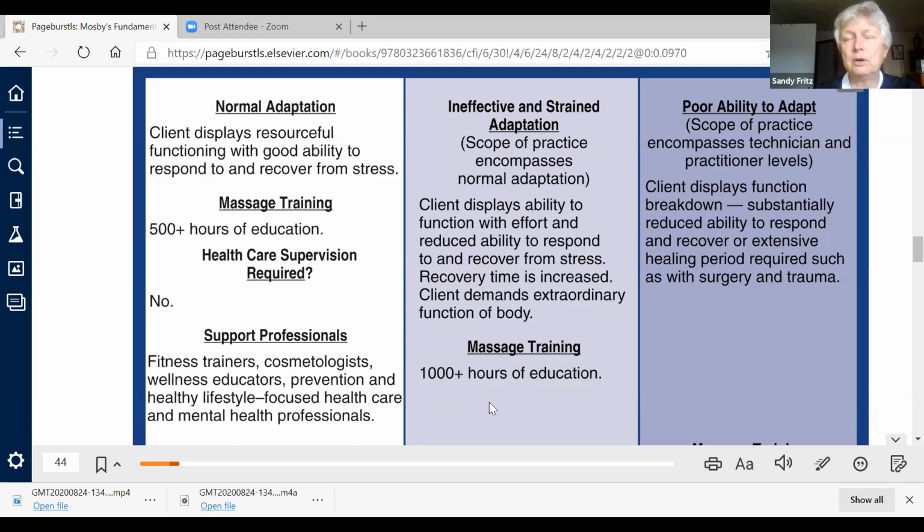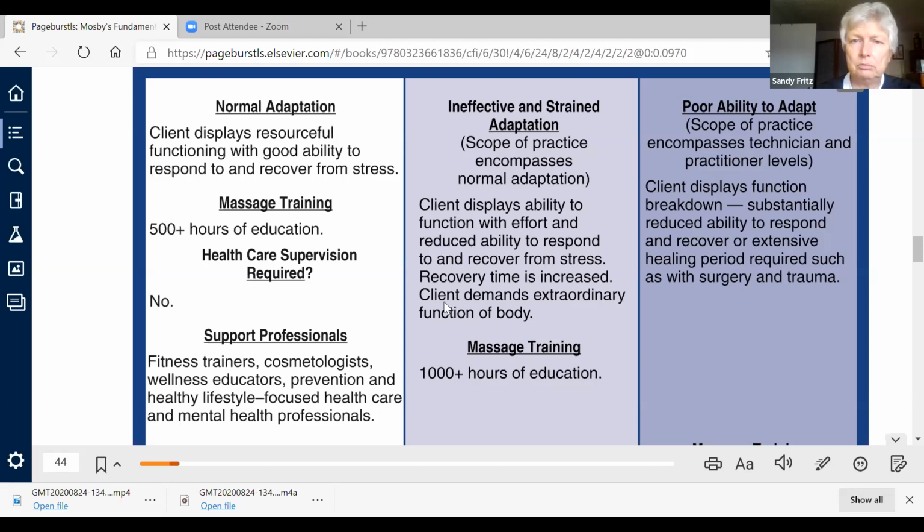So if you wanted to focus on working in an environment like sport and fitness specifically, there are things that you need to know related to that population that would require some additional training. Not so much in the massage, but to understand things like performance demand and so forth. If you want to work in a medical environment, an acute care environment, most of your massage is going to be palliative, comfort care, very important.